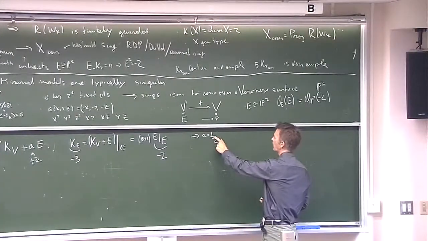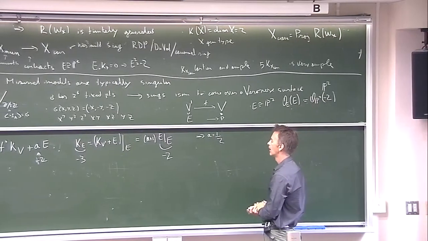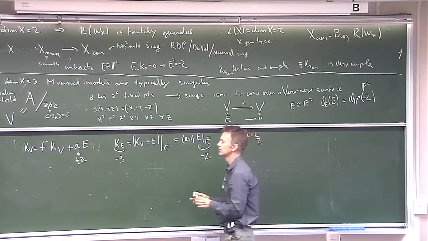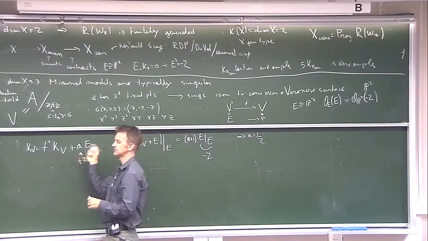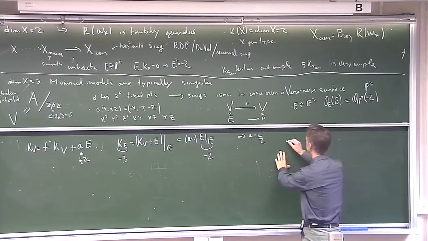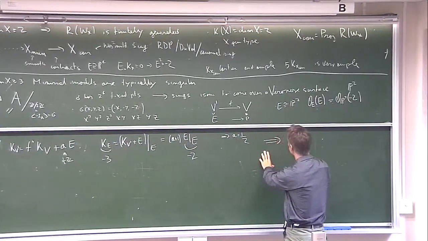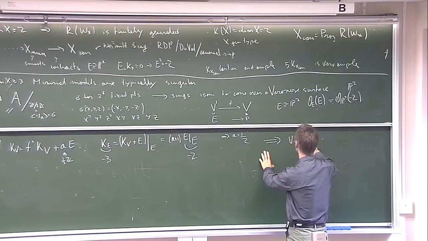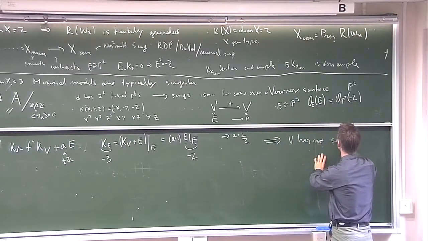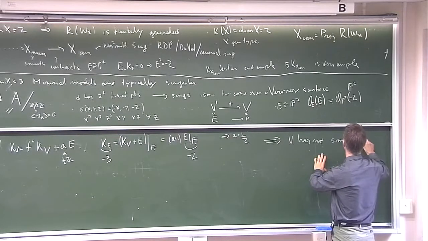So that's one interesting computation that tells you that the difference of the canonical divisors is not always an integer. But what I claim this implies is that V has no smooth minimal models.